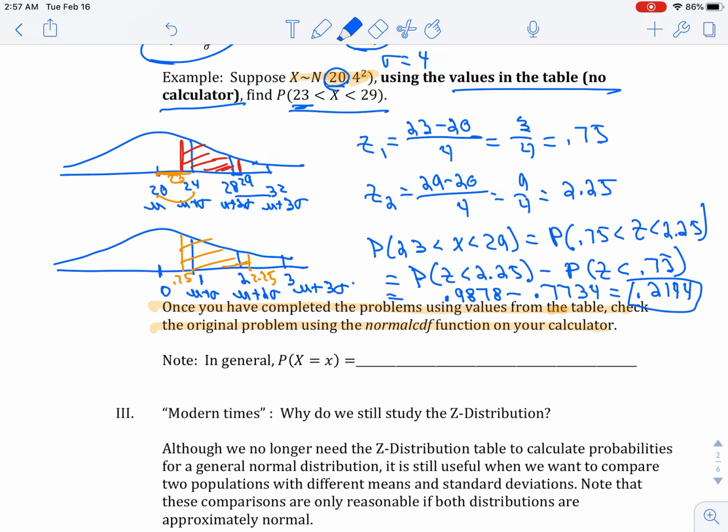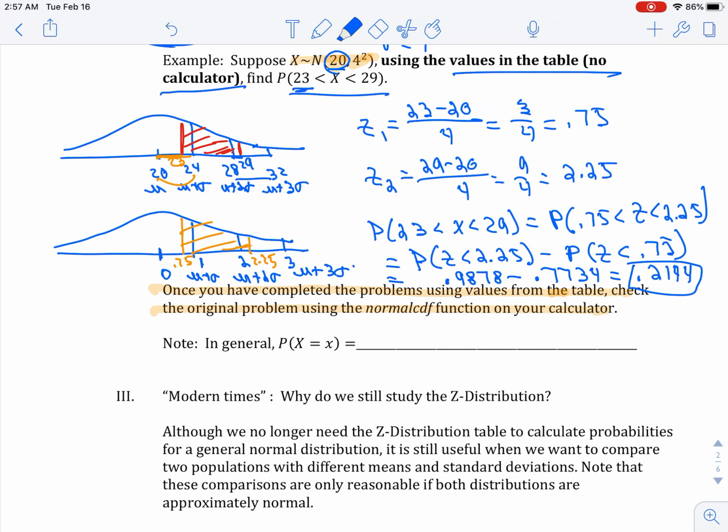So what that would look like is normal CDF, and we're doing between 23 and 29, so you would have 23, 29, your mean is 20, your standard deviation is 4, and you should be able to verify that that turns out to be 0.2144. Same answer.